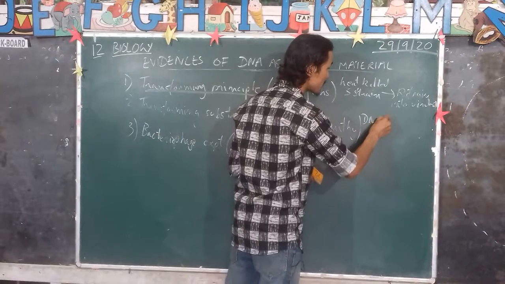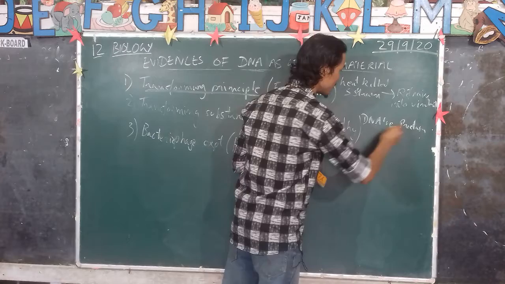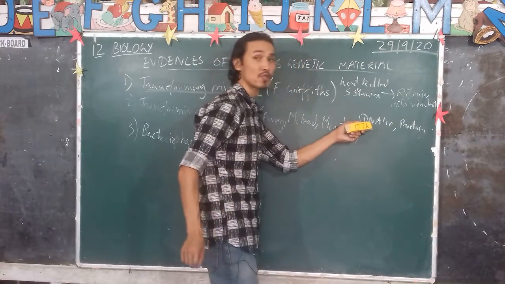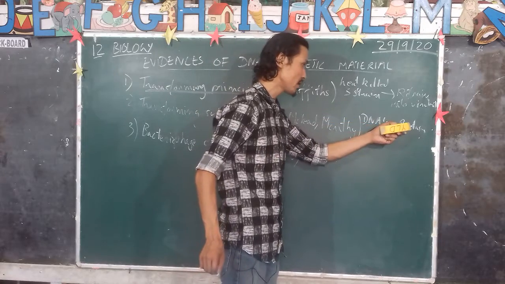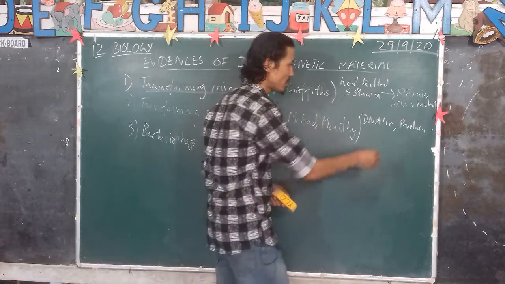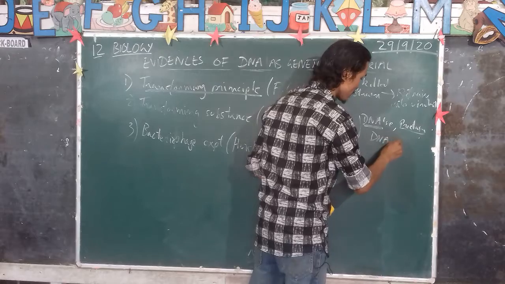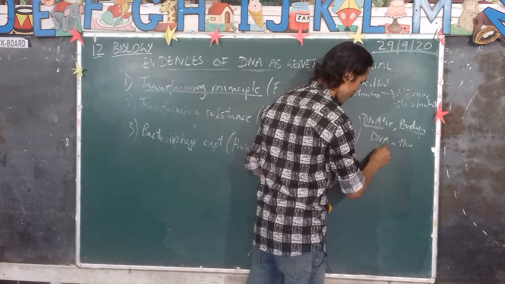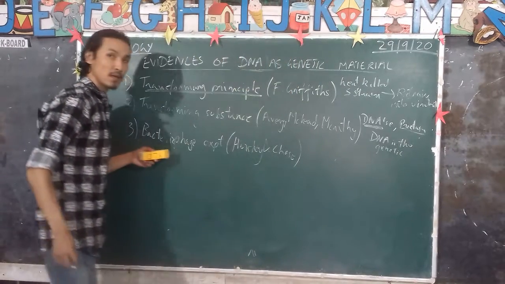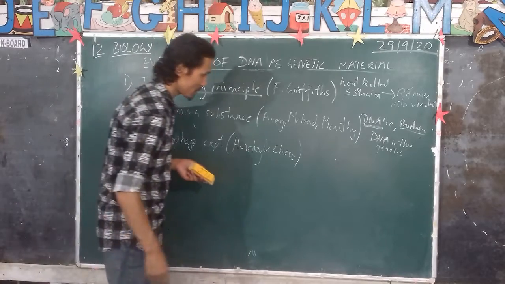They added DNase, they added protease. When they added DNase, the rough strain was not converted into the virulent form, because DNase destroys DNA. But when they added protease, they obtained virulent rough strain, because protease destroys protein. So from this it was proved that DNA is the genetic material.